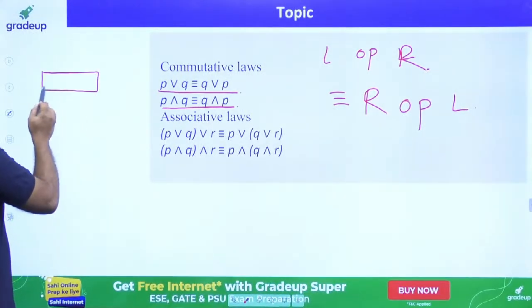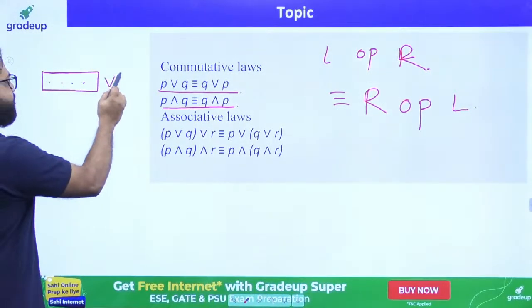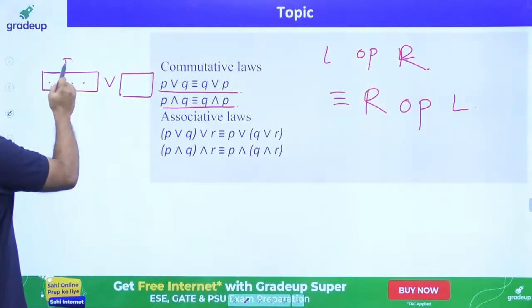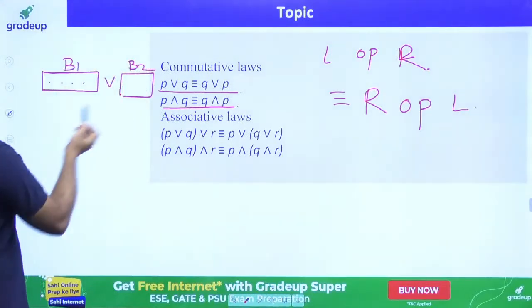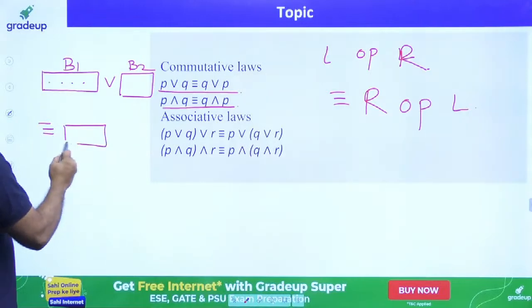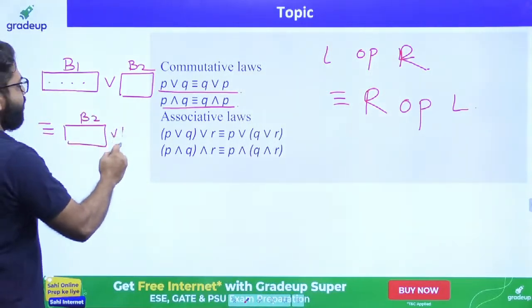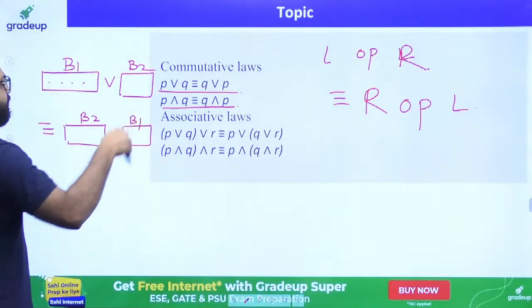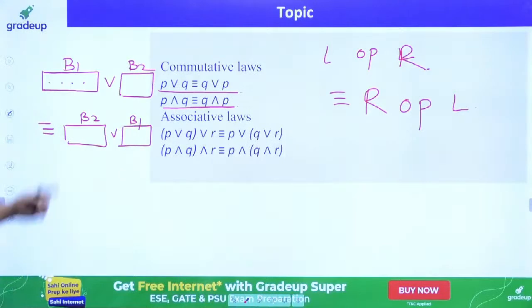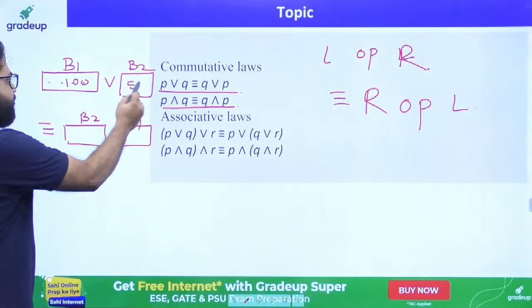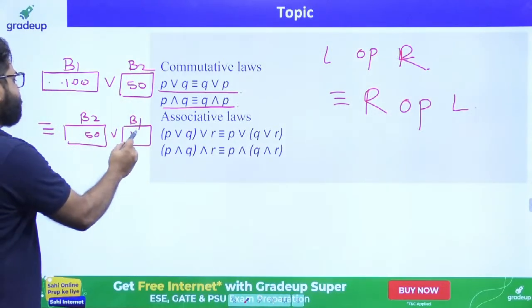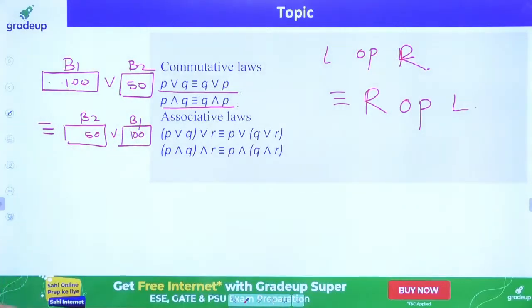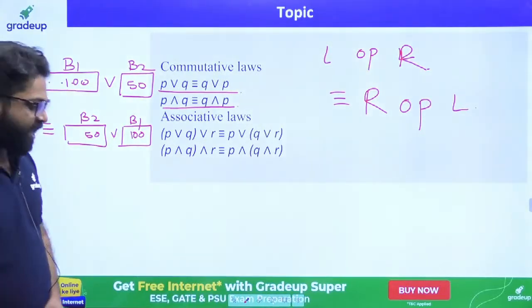So a box consisting of hundreds of variables is box 1, and this is box 2, and that is the same as box 2 OR box 1. This box consists of 50 variables, and this box consists of 50 variables, and if you interchange, you will get the same result. That is nothing but the commutative law.